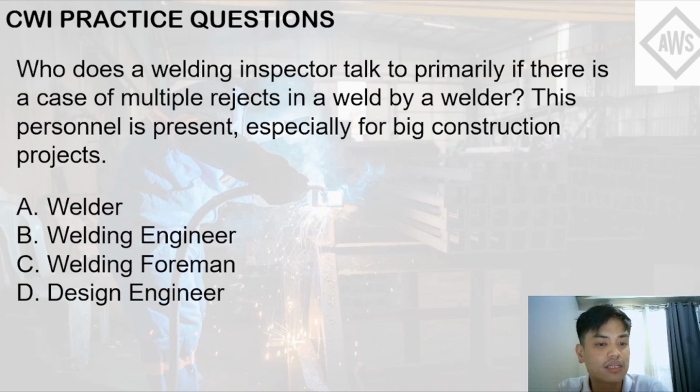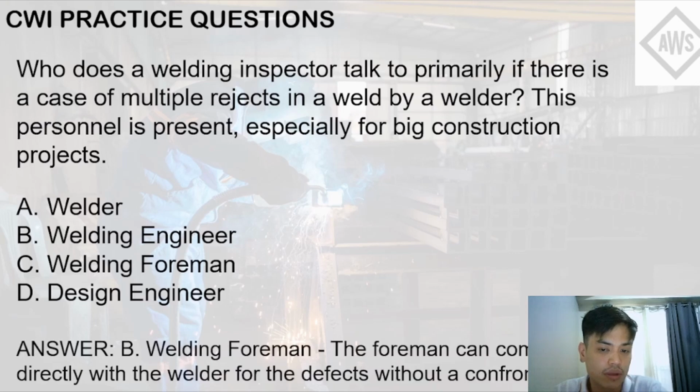Letter D, the design engineer, is responsible for creating the specification or the drawing that needs to be implemented during construction, or the one that is referenced by the welder in welding the structures or the components, basically to build it. So the answer here is the welding foreman. The foreman can communicate directly with the welder about the defects without a confrontation.